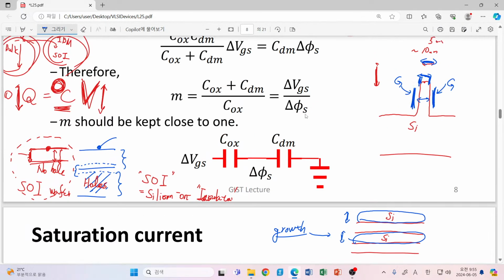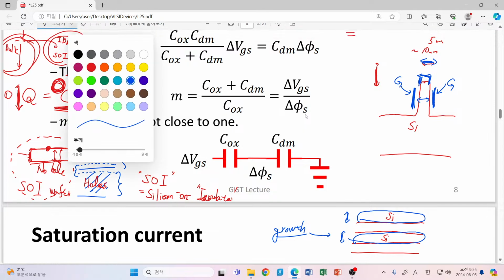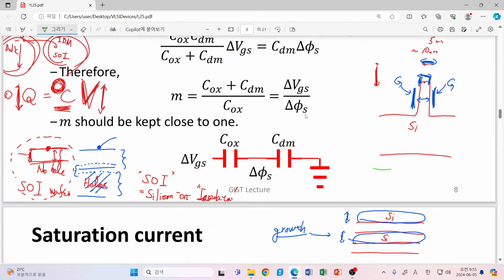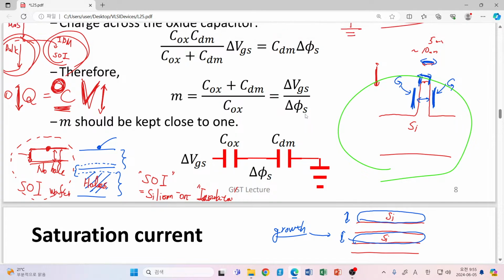Previously in this case, you first make a very wide bulk silicon, and by etching it all, you define the thickness.